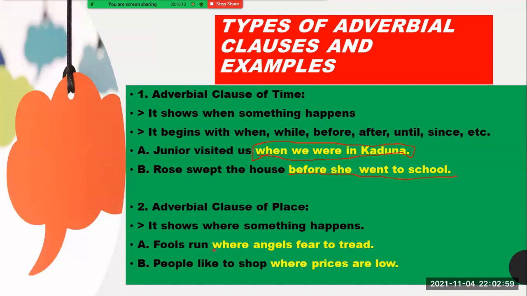So if we use the border principle, and then fools run, and we put a full stop, someone will ask, where do fools run? All right. That's one of the questions that can naturally arise. And then we can say, where angels fear to tread.